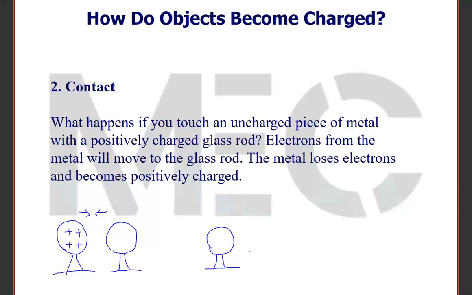If we bring them in contact with each other, both of them will get positive 2. This will be positive 2 and this will be positive 2. Of course, this positive 2 can be positive 2 coulomb, or only 2 electrons lost.